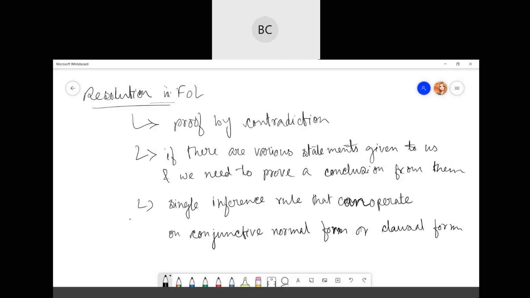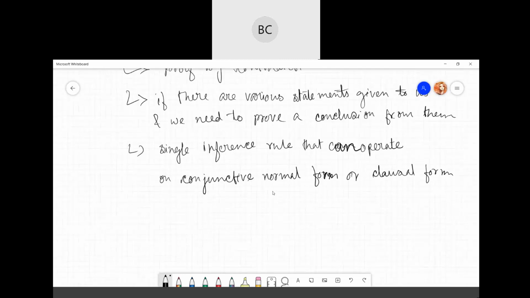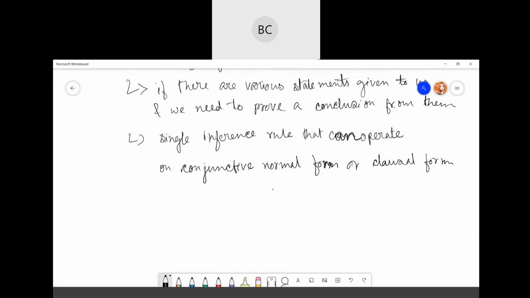Okay. Now, what is a clause and what is conjunctive normal form? A clause means just a disjunction of literals. Literals means an atomic sentence.